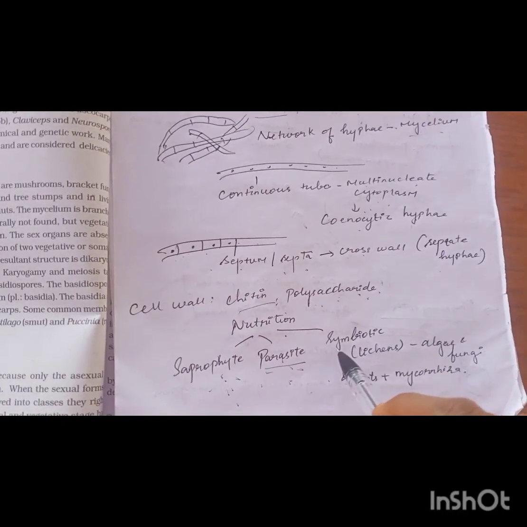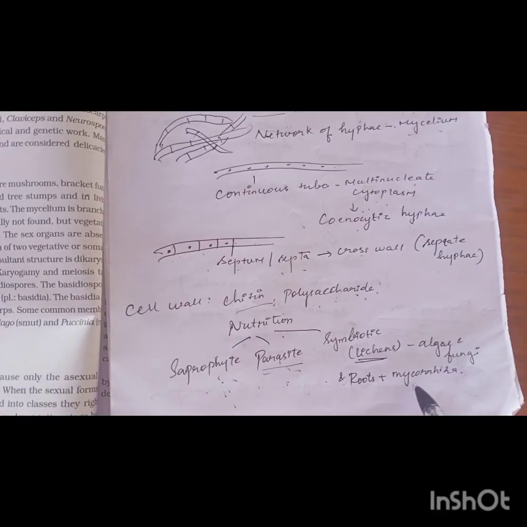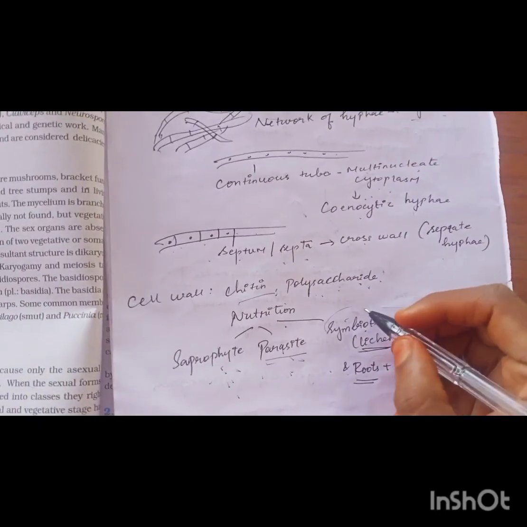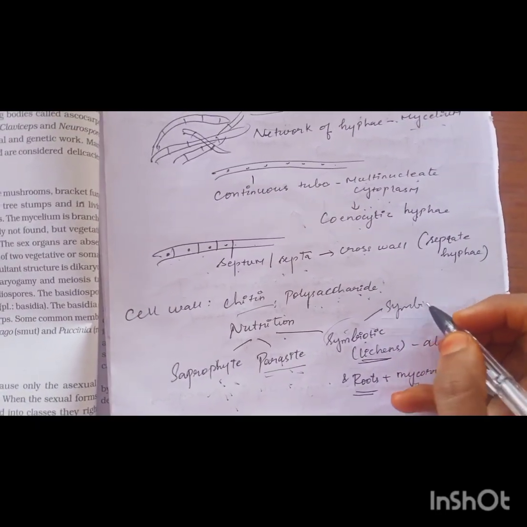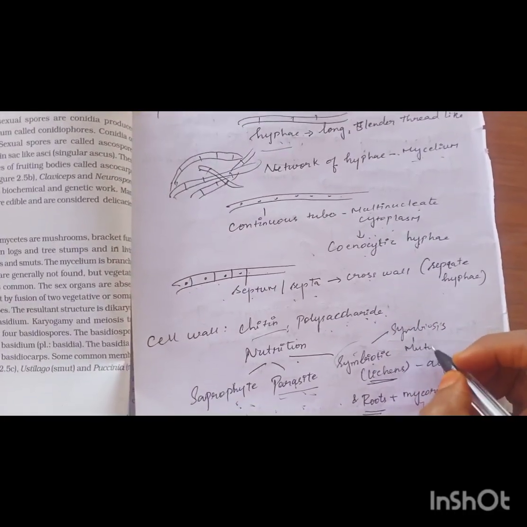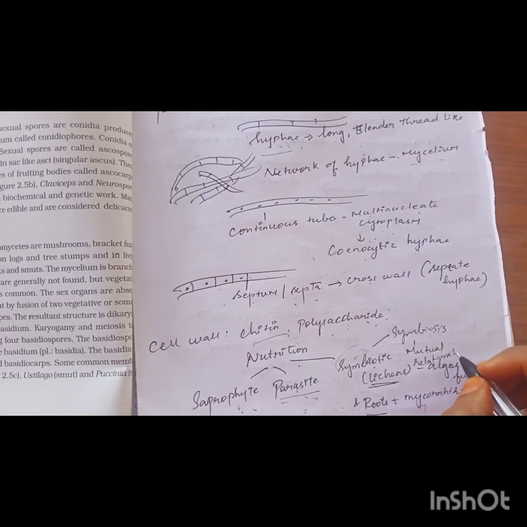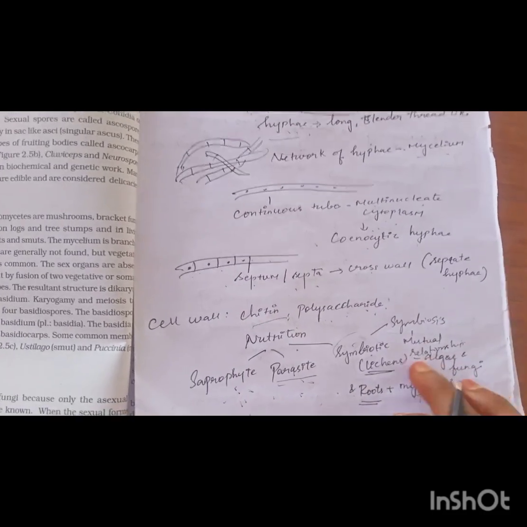And in the case of lichen and in the roots of some higher plants, the fungi will live in a symbiotic relationship. So what is the meaning of symbiosis? Symbiosis is a mutual relationship. It will engage in some mutual relationship with another organism.